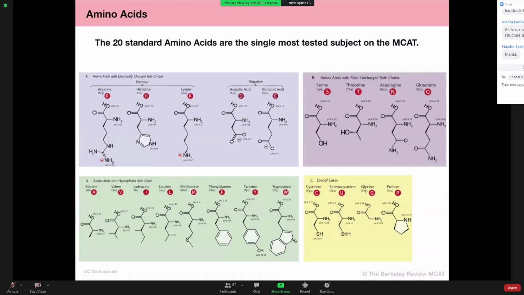Okay. But like I was saying, the 20 standard amino acids are hands down the absolute most tested subject on the MCAT. And I'm sure that you've seen these figures before. This is the Creative Commons Wikipedia chart for amino acids.